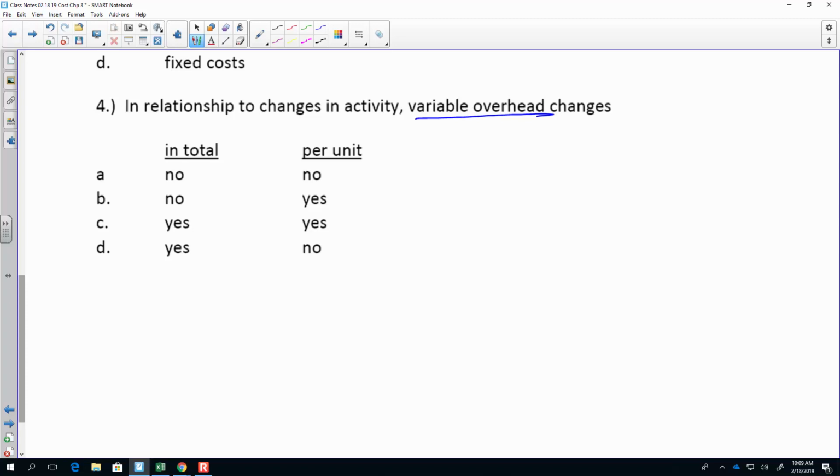Let's start with this column. Does variable cost change in total? Yes. So then we're down to these two. Per unit, does it change? No. So my answer would be D. Is that what you were thinking? Right. Good, excellent. So here in a Word format, I can ask this question like this.